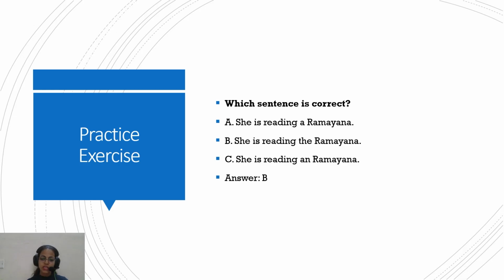It doesn't make sense, and of course the others are not possible. So we are talking about that one specific book, the Ramayana. Although there are so many different versions of the Ramayana all over the world, do not forget it's an English class and you don't have to get into technicalities. So she's reading the Ramayana.